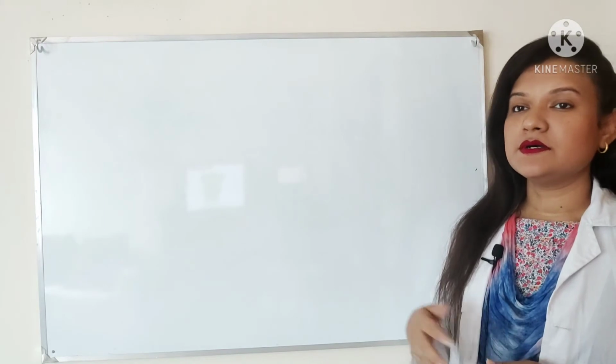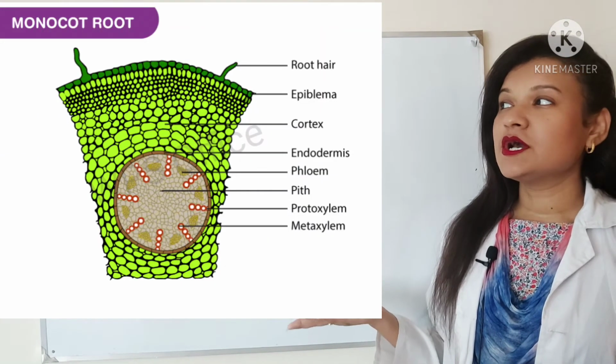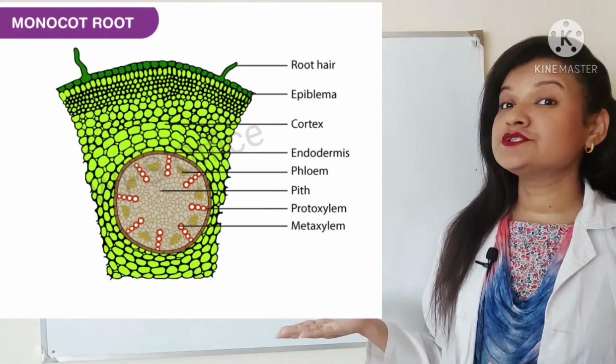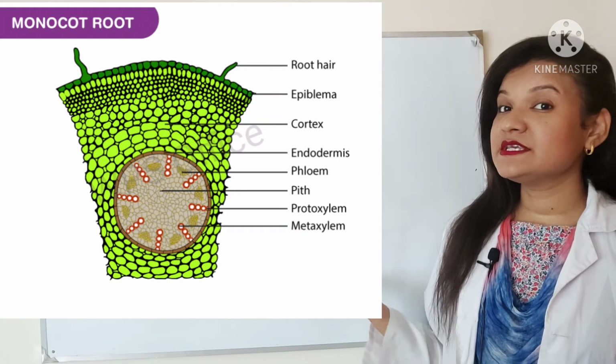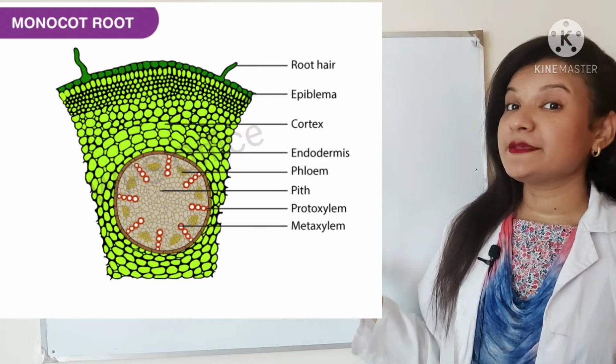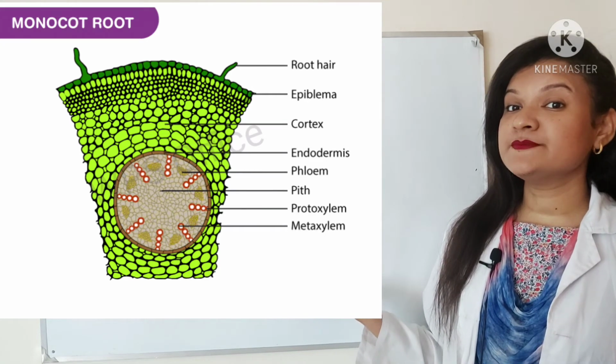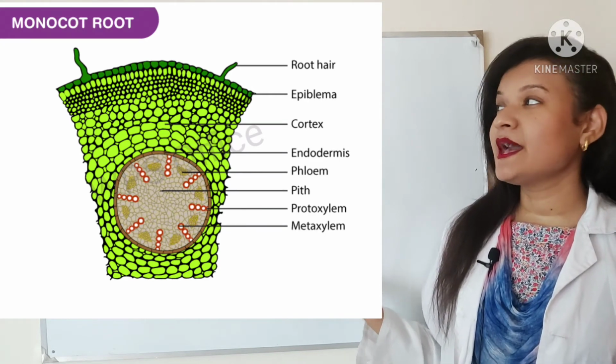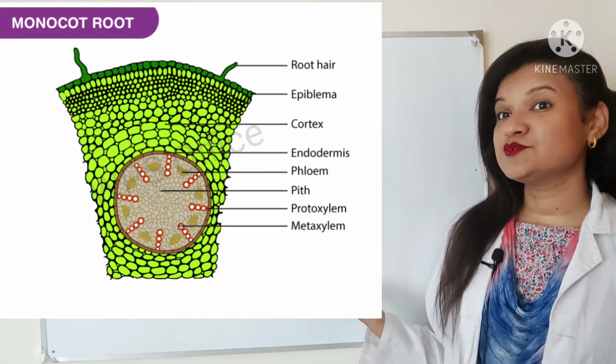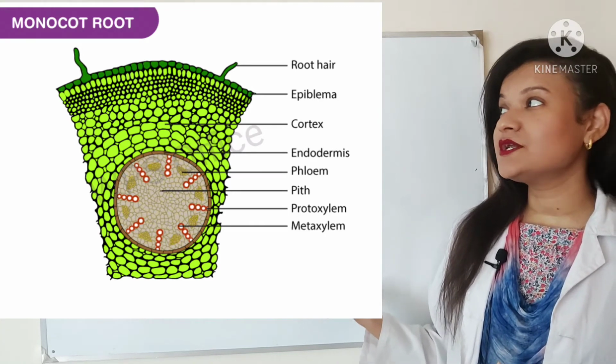So, this is our monocot root, and here you can see the epiblema, cortex, endodermis, phloem, pith, protoxylem and metaxylem. So, this is our monocot root.